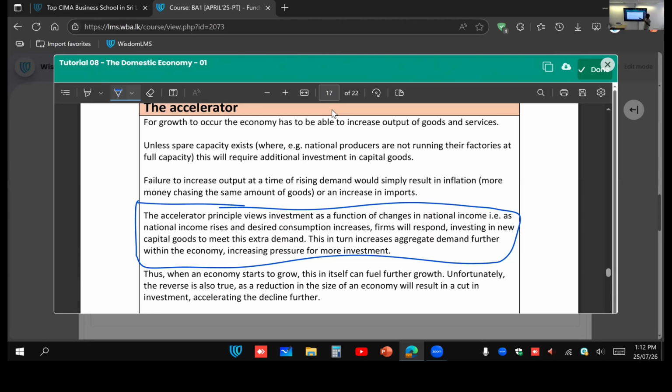This in turn increases aggregate demand further. Firstly, national income increased. As a result, consumption increases. As a result, firms started producing more and more. So the pressure on the firms is to produce more and more. They need further investment.